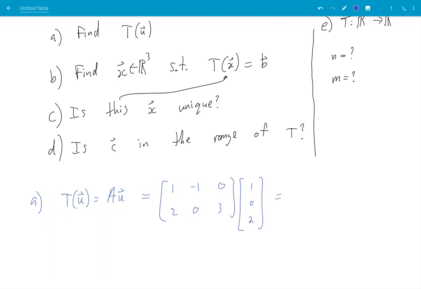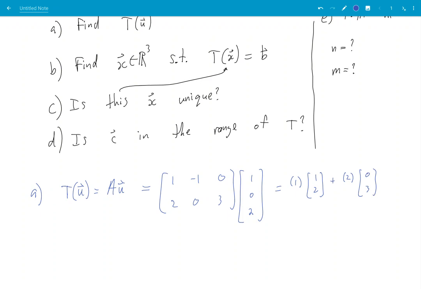That gives 1, then 2, plus 0 times something, so I'm going to just drop that term, plus 2 times 0, 3, which is 1 plus 0, and then 2 plus 6, which is 7.